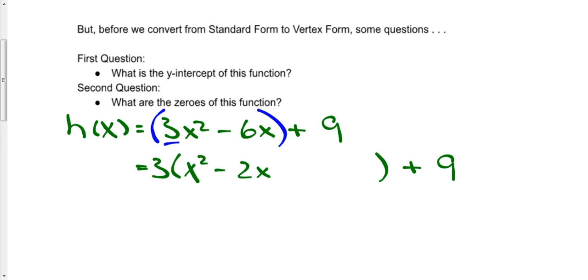Who gets flop sweat when I mention complete the square? You know what flop sweat is? It's like when you wake up in the middle of the night sweating, like you had a nightmare, and you wake up sweating so bad. That's what I call flop sweat. Well, you ever go to sleep and then you feel like you're falling all of a sudden? You go, oh!